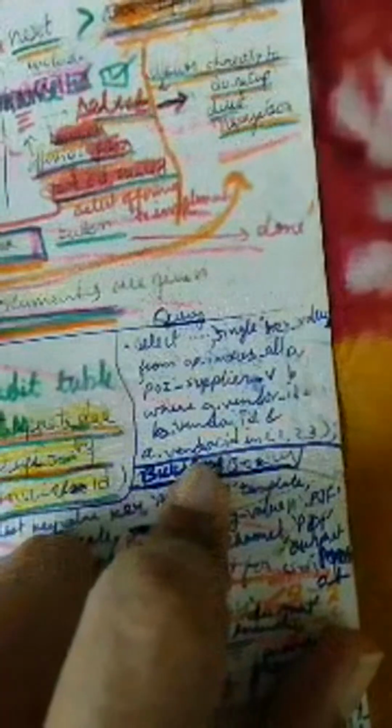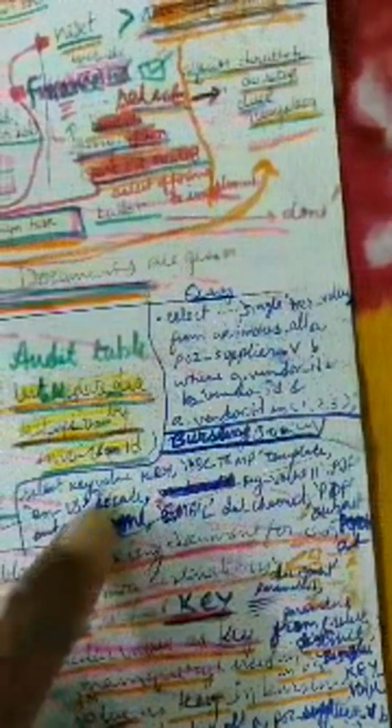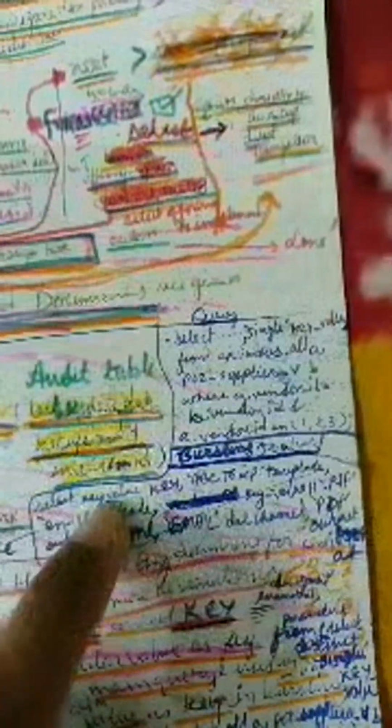Vendor ID I have given for the join, and vendor ID in 1, 2, 3, whatever the numbers are. Then I need to make sure that it is a distinct value. So in the select, now I have hard coded it as single. So this key value I'm taking in the main query, and this is the bursting query.